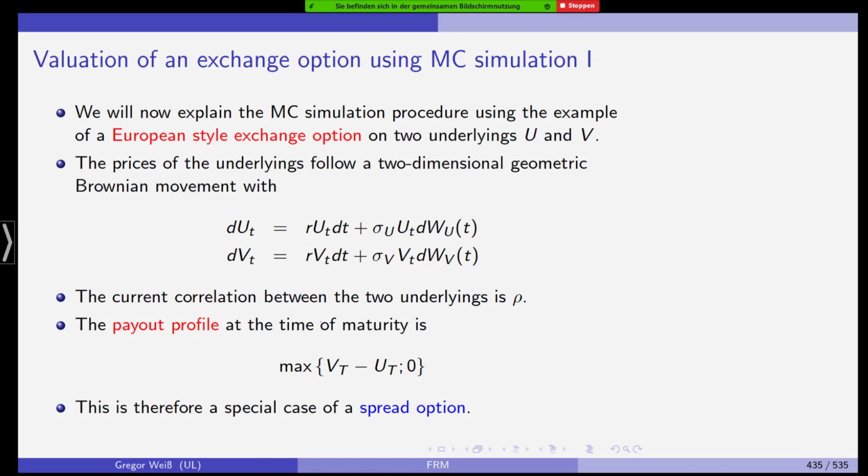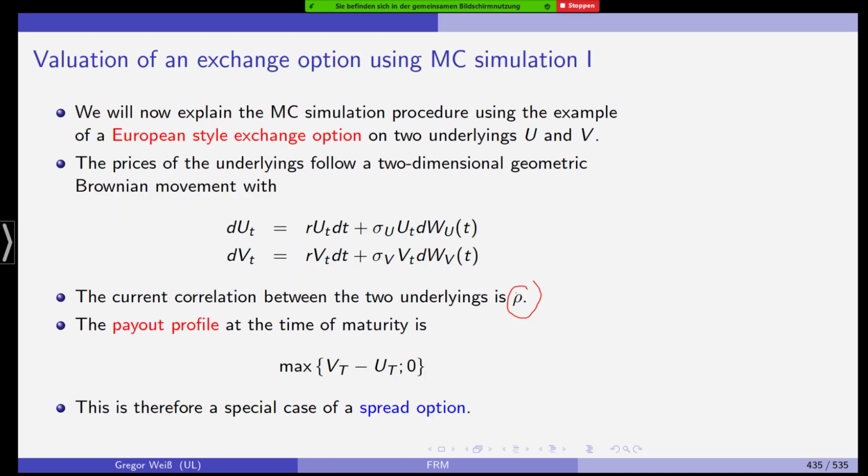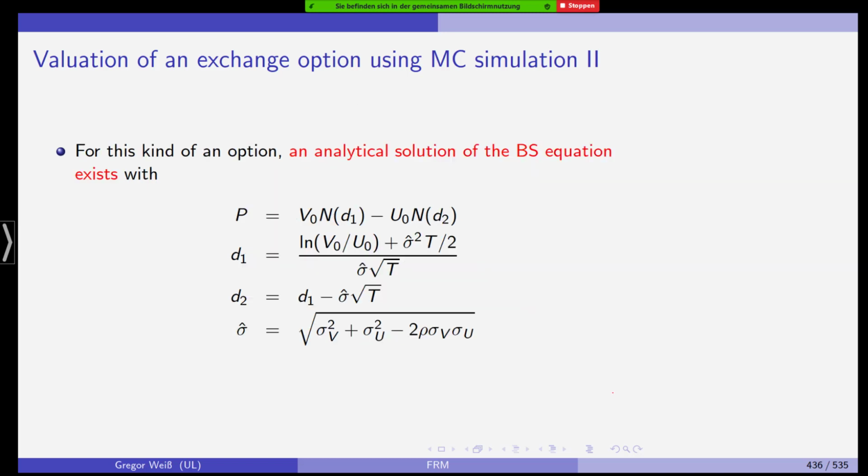As you can see, these are geometric Brownian motions if taken for themselves, but they also have a correlation rho between them. The payout profile at the time of maturity is the maximum of V_T minus U_T and 0. This is a special case of a spread option, because you get the spread, if it's positive, between V and U, and 0 otherwise.